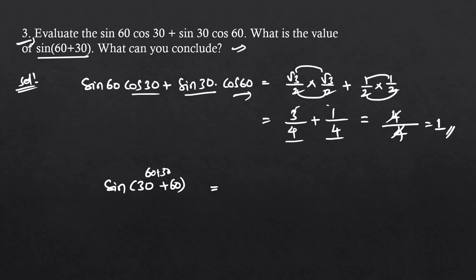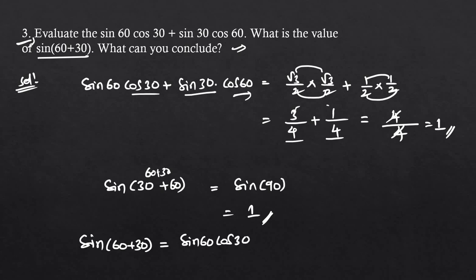Here sine 30 plus 60, or 60 plus 30, how much? Sine 90. Sine 90 value is how much? 1. So here we can say that sine of 60 plus 30 is equal to, I'm saying we can conclude both are equal. So we can write it as sine 60 cos 30 plus sine 30 cos 60.